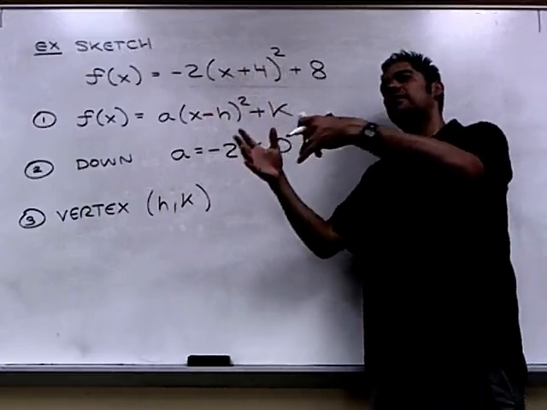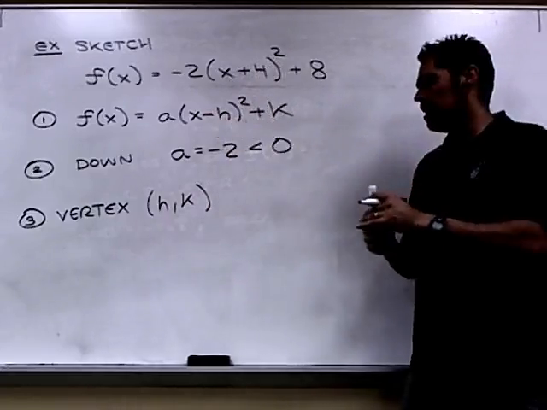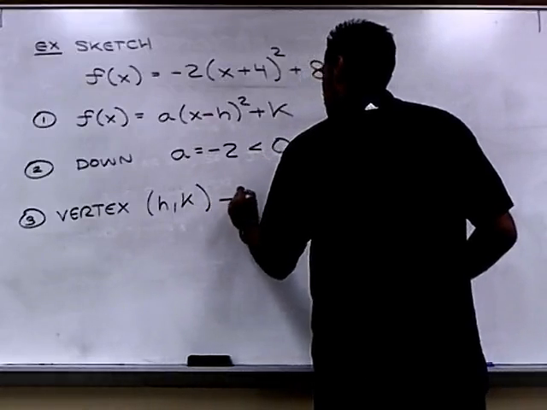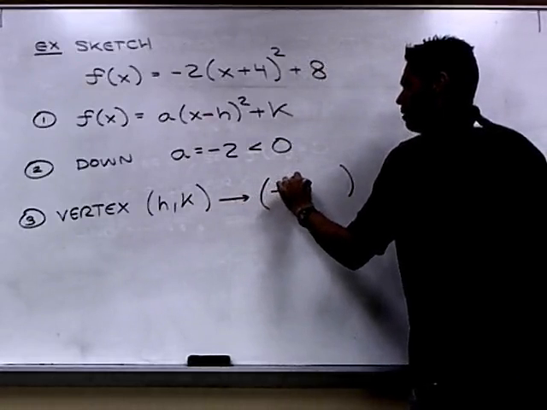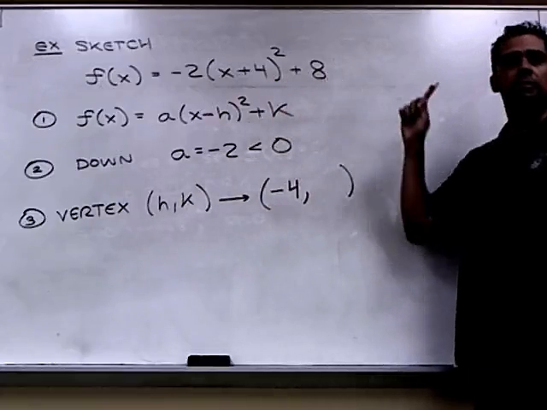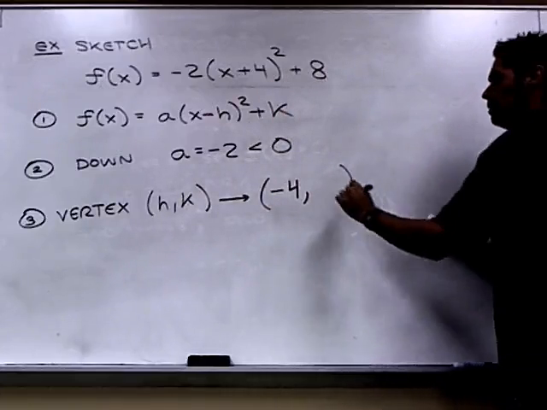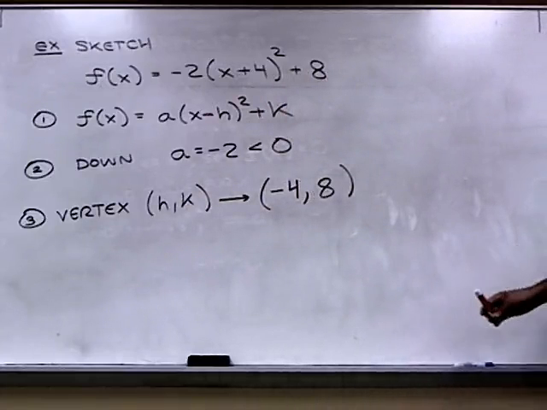And that has something to do with how we moved it opposite of what we thought, left and right. Same sort of logic there. So what's h for us here? Negative 4. Now k is exactly what you see out here by itself, which for us is just 8. So I have my vertex. Didn't have to do a whole lot of work for that, right?